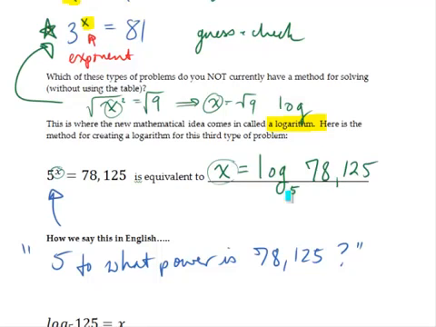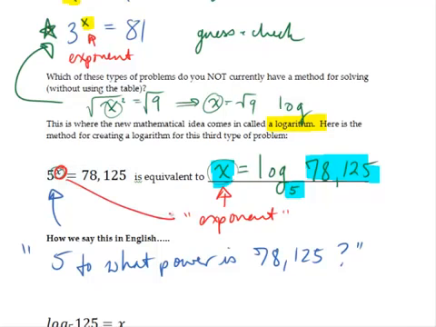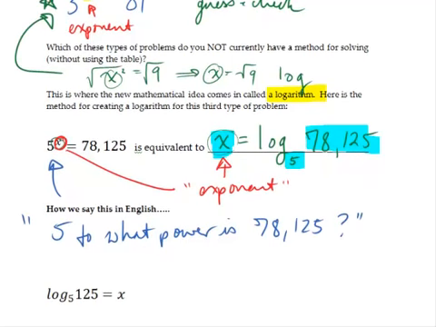You think 5 to what power is 78,125? So this answer here is always going to be the exponent, if you will, because that's what it was over here. It's the exponent. So your answer to a log will always be an exponent. This here will always be the base. We'll talk more about this on your next page as well.